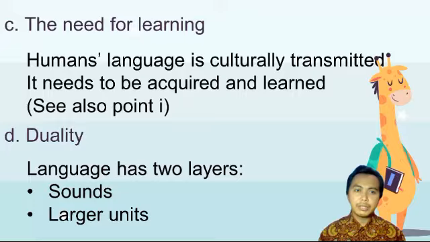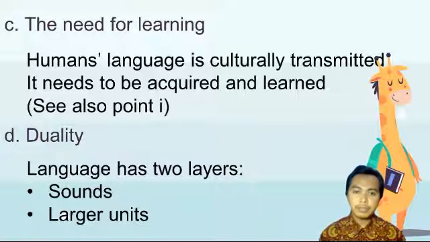There is a need to learn in humans' language because human language is culturally transmitted. It is not acquired directly by humans, but humans need to go through an acquisition and learning process.